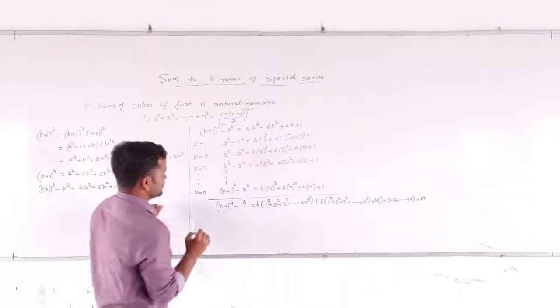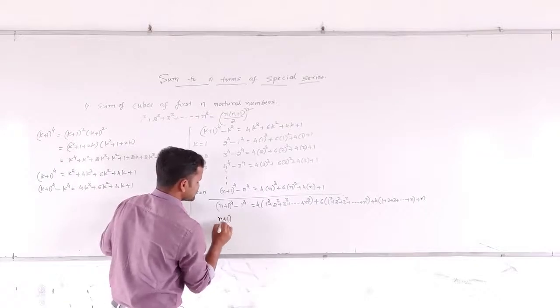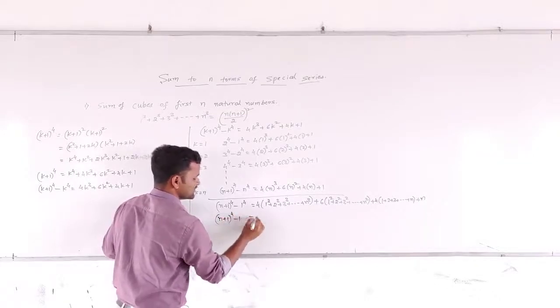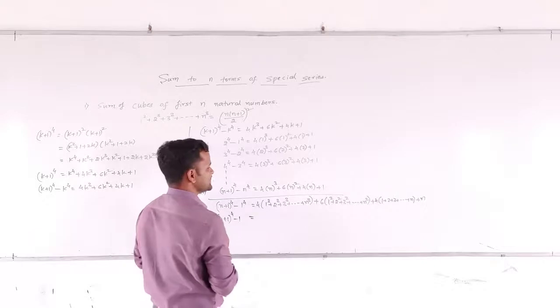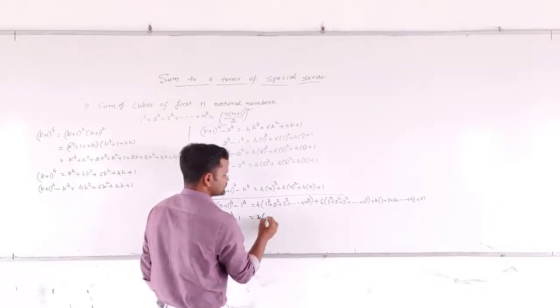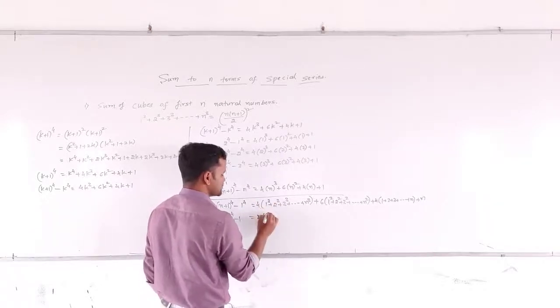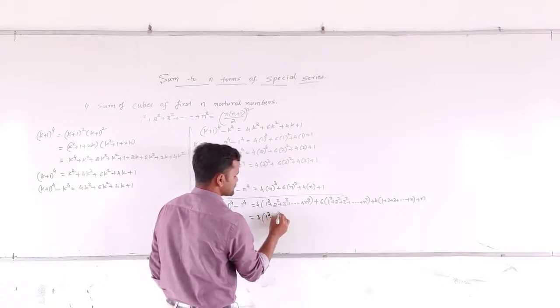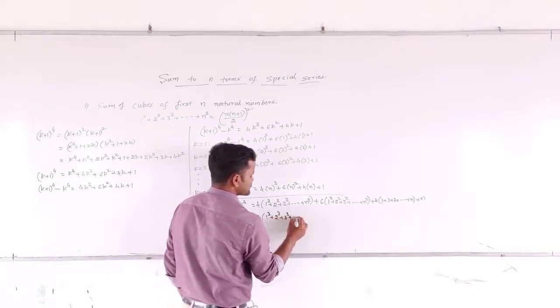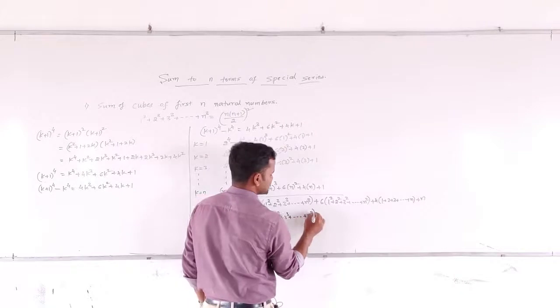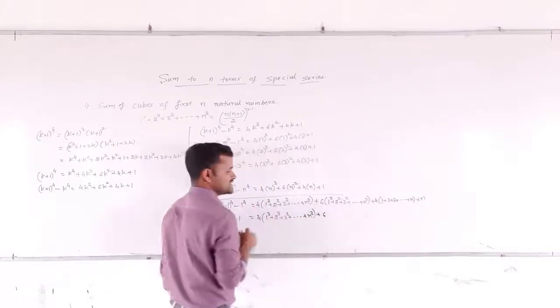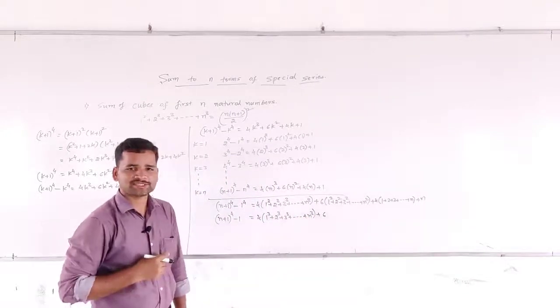Now left hand side, (n plus 1) whole raised to 4 minus 1, we keep this as it is. Right hand side we have 4 into, this is required for us, keep this as it is, (1 cube plus 2 cube plus 3 cube, and so on up to n cube), plus 6 into, this is the sum of squares of the first n natural numbers.